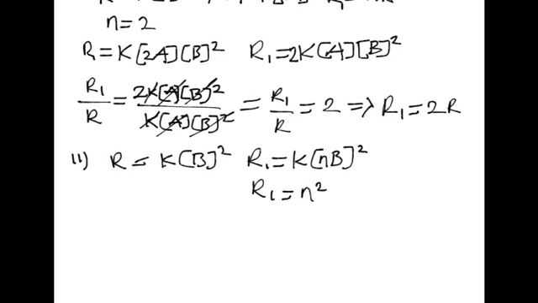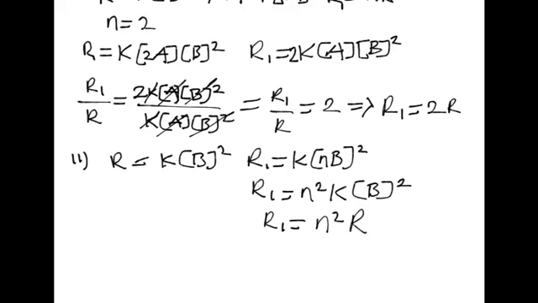So we'll have n squared, and then we have a constant, and then we have in our bracket B squared. So this simply means that for a second order reactant, our new rate of reaction is going to be n squared times the initial rate.